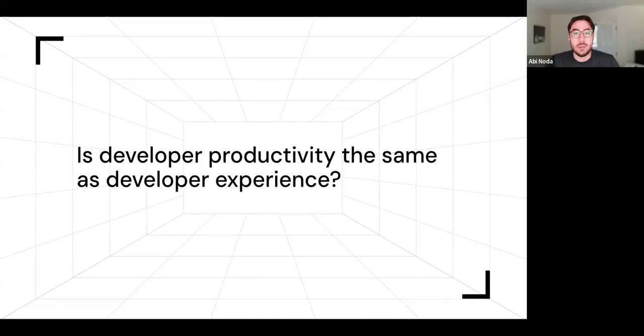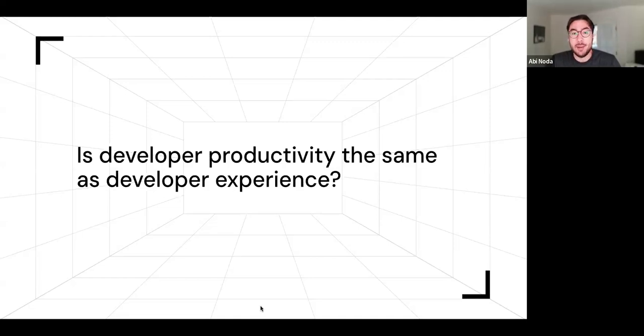In my view, developer productivity and developer experience are not the same thing, because when we talk about developer experience, we're talking about the friction and processes and tools that developers encounter in their work. That's different than developer productivity, which is more of an output of what developers do and how businesses think about the return on investment they're getting out of their R&D organizations.